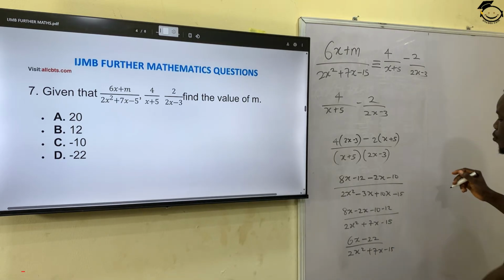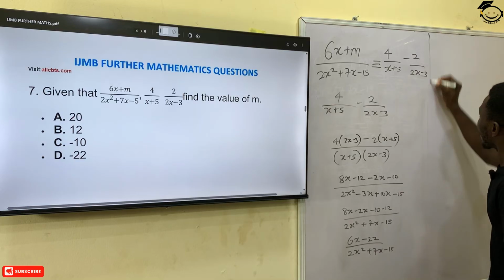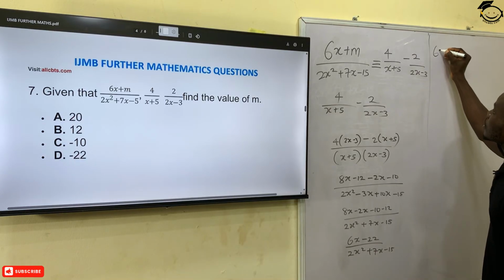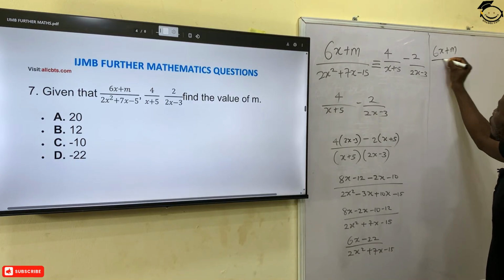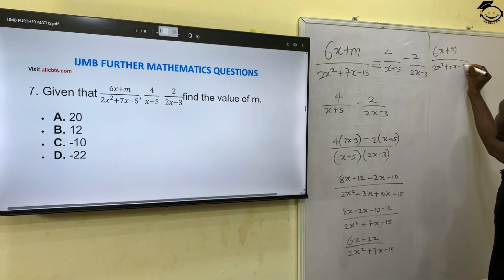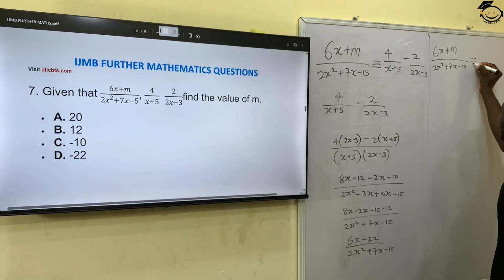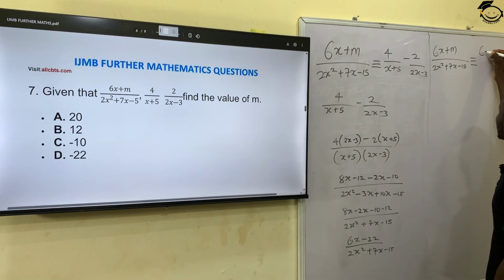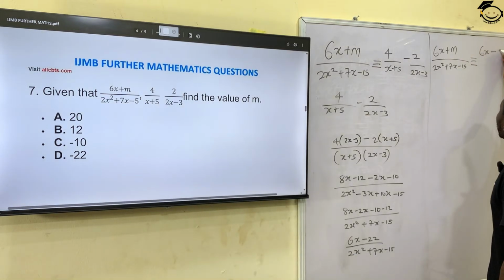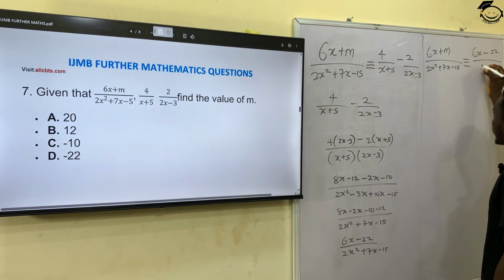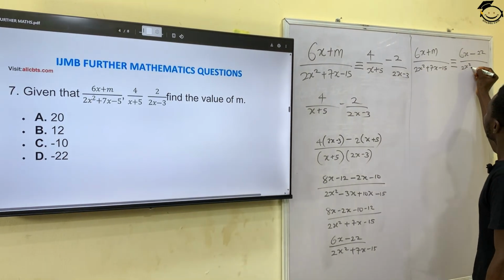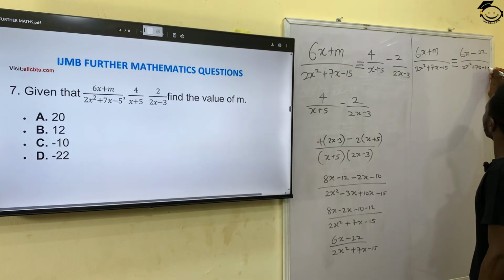So if you look at this equation, my original equation was 6x plus m over 2x squared plus 7x minus 15, which is equivalent to what I have now, which is 6x minus 22 over 2x squared plus 7x minus 15.